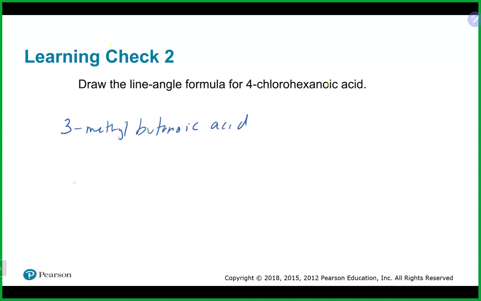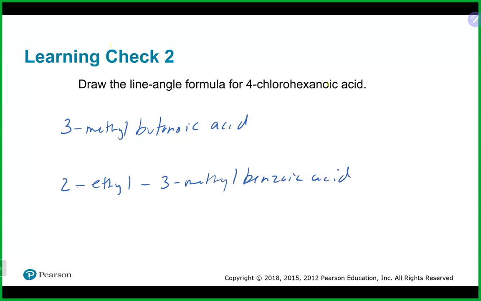And let's go 2-ethyl 3-methyl benzoic acid. Let's try that there.